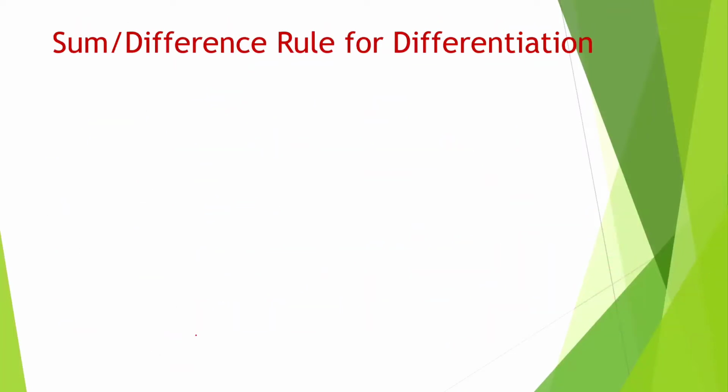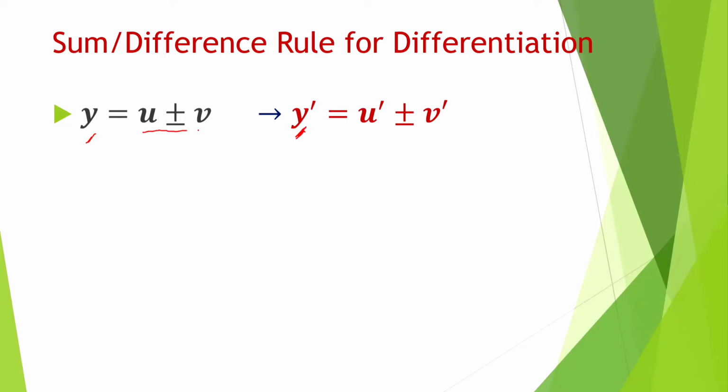Okay, so meron tayong sum and difference rule for differentiation. So if you're given with the sum or difference of two functions, we can actually differentiate the individual term in the expression. No? So magiging u prime, yun yung notation natin for the derivative of the left side. Tapos yung derivative ng right side will just be u prime plus or minus whatever the operation there is, v prime.